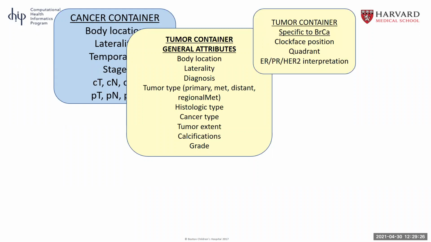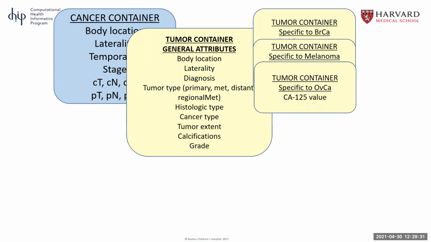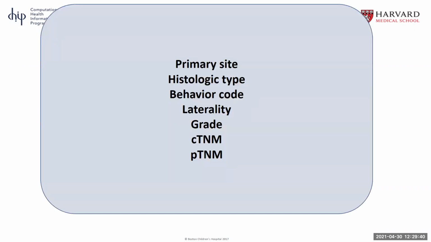Then depending on the type of cancer, there are some specific attributes associated with the tumor. And overall, we extract about 28 cancer and tumor attributes before we summarize to the 6 reportable attributes that are then made available to either the cancer registry or the translational scientists studying a particular cohort.